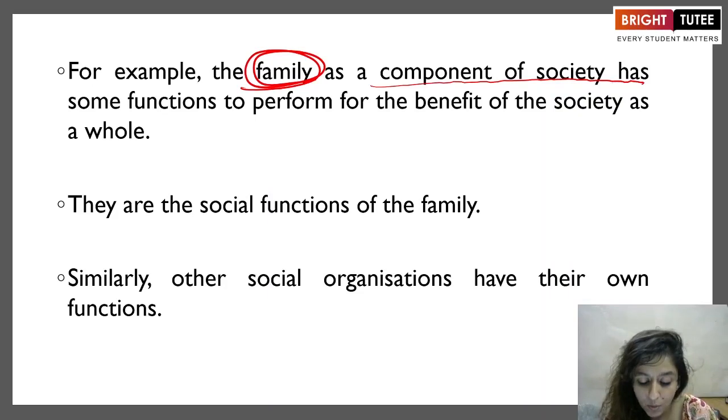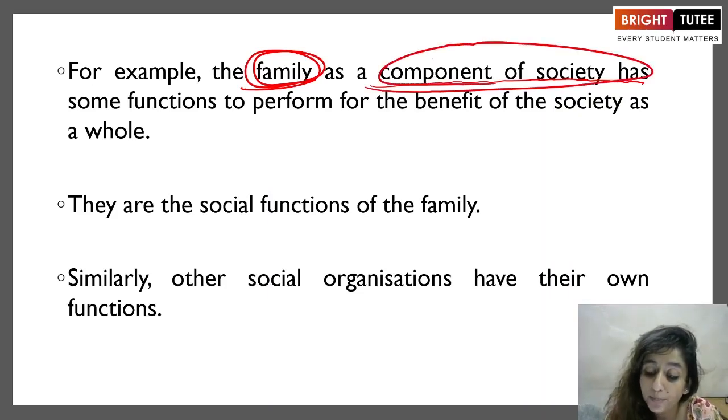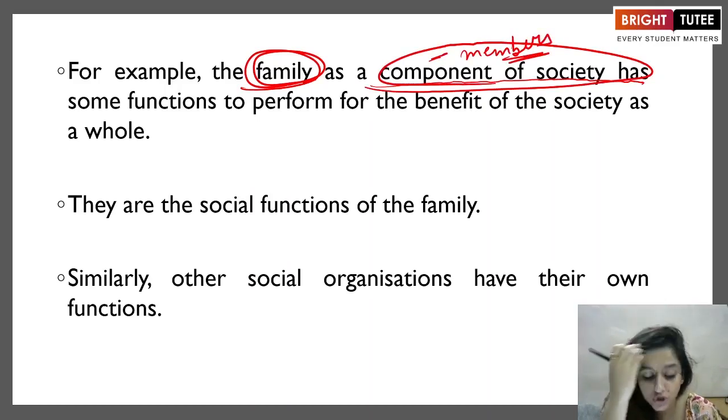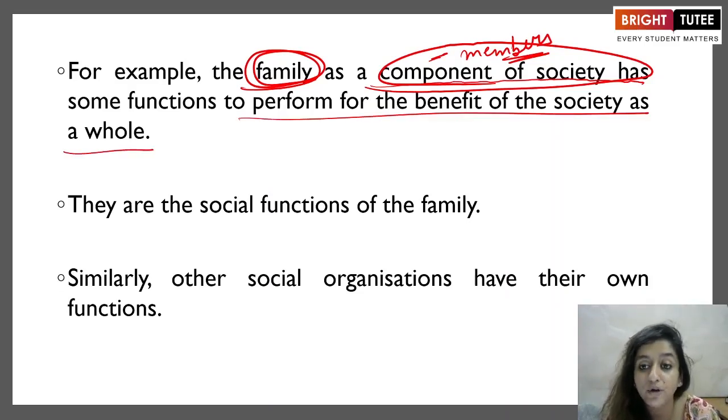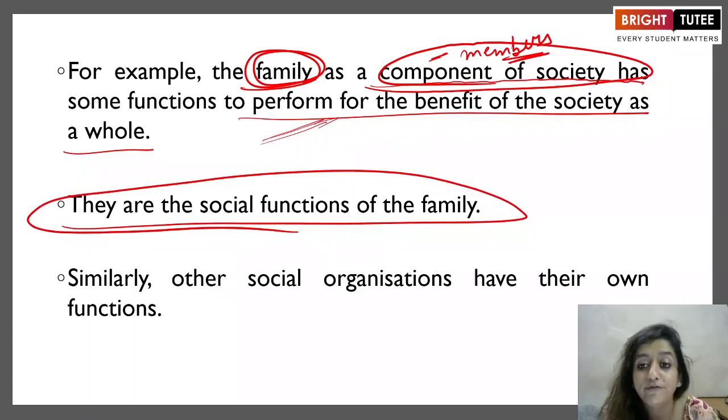So, basically, what all functions are being performed by the members of the family for the benefit of the society as a whole is what comes out as the social functions. Now, these are the social functions of the family.